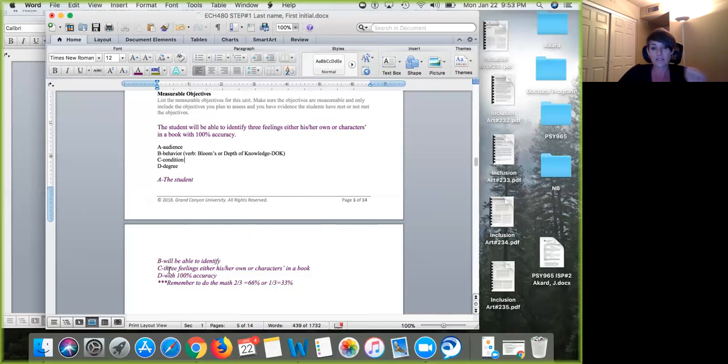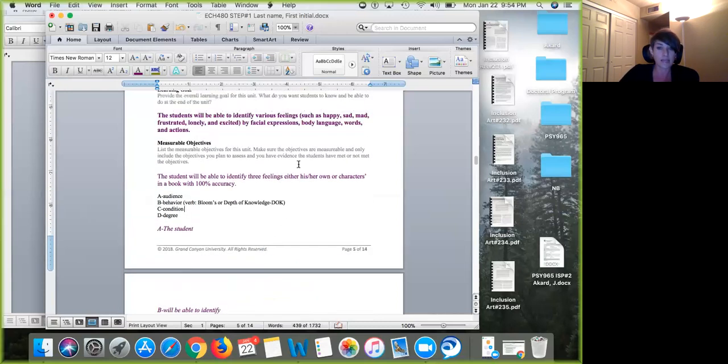C is the condition, so it's going to be their own feelings or in a book. So I want to know how am I going to test that? And then the degree is, what percentage do I want them to get correct? They're getting 3 chances here, so what percentage should they get correct? And I think 3 out of 3, they should probably get 100%.